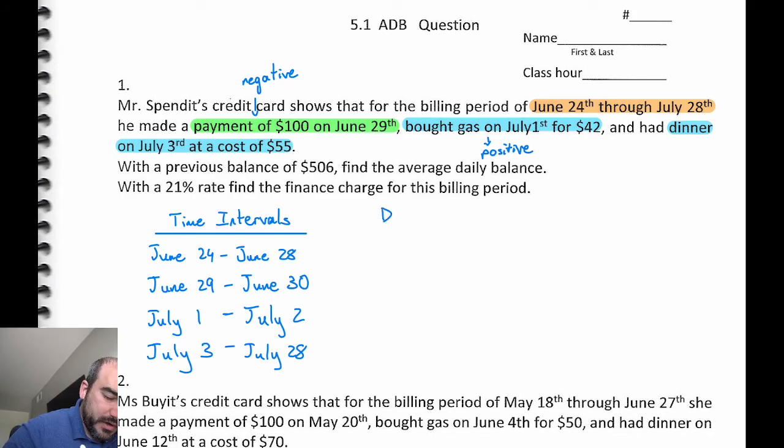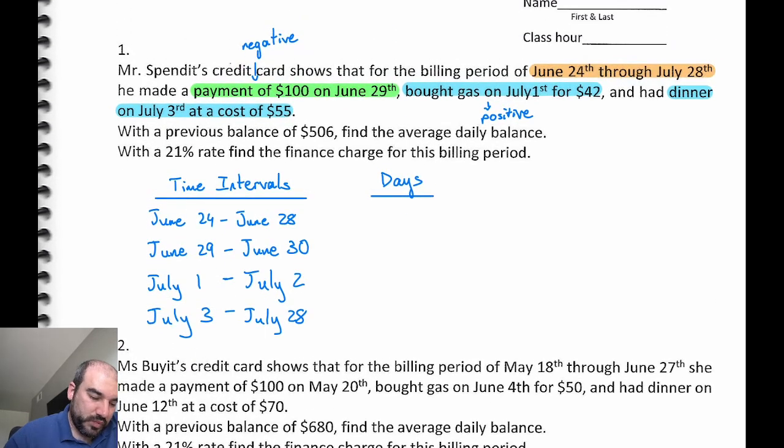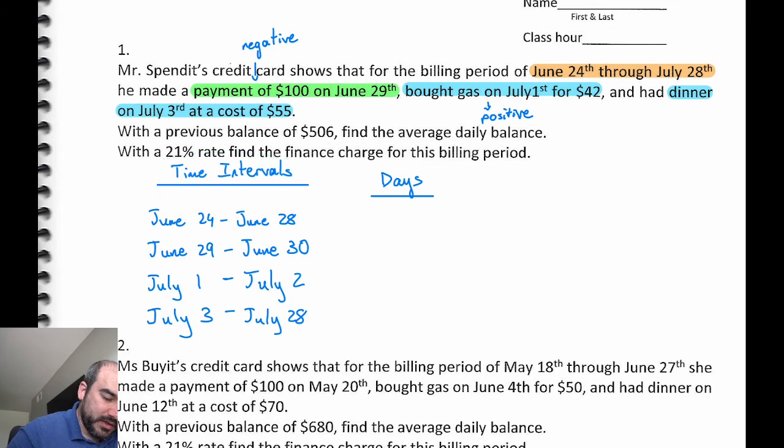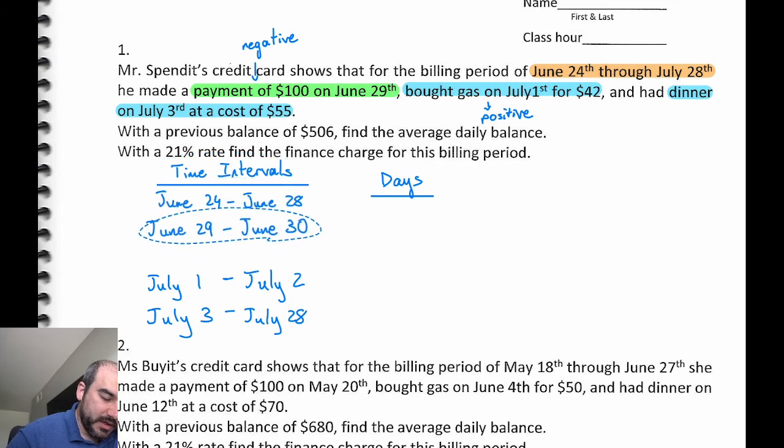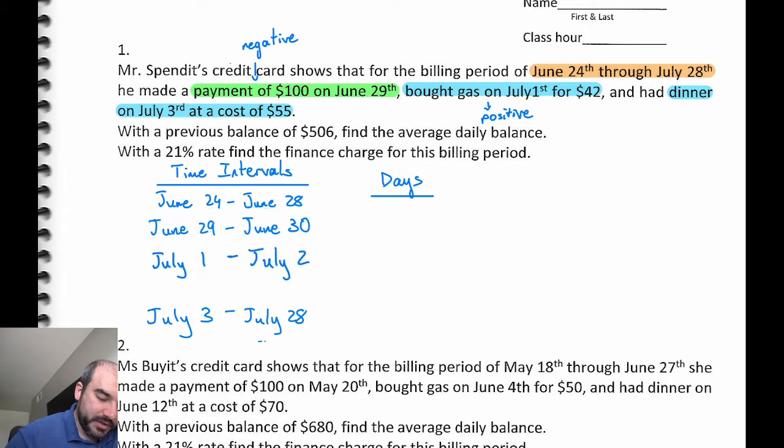Next, we're going to figure out how many days each one of these is. And I just realized we're going to need room underneath these, so I'm going to shift everything up. We're going to need to do some calculations after we do this, so I need room below this.